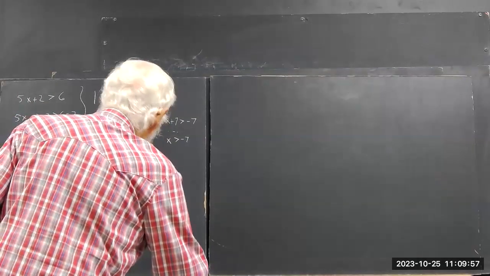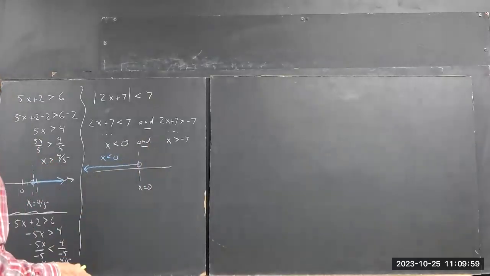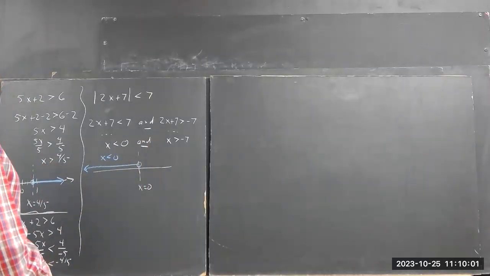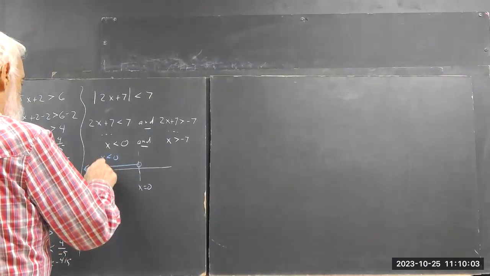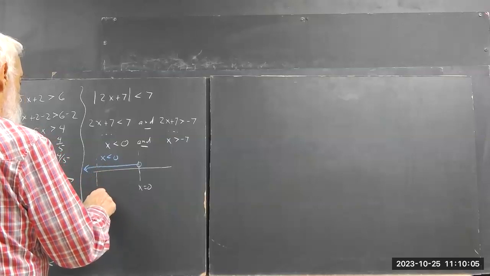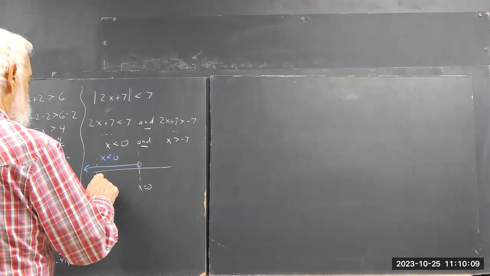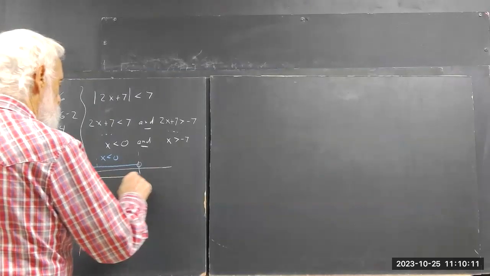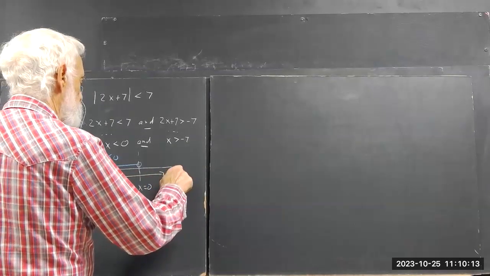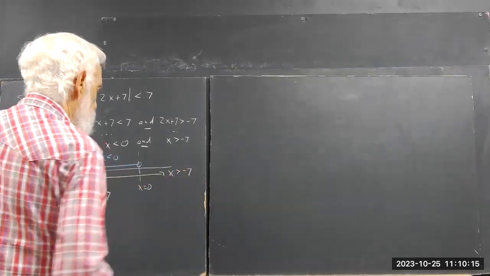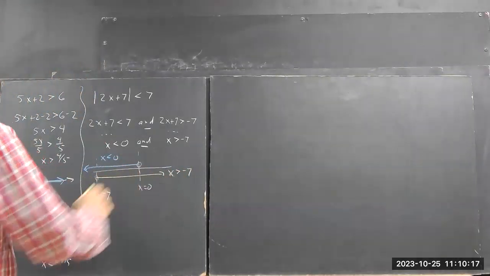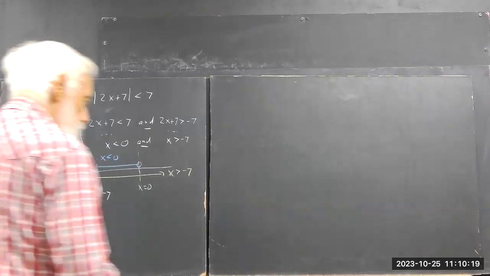But also, x has to be greater than -7. So let's just say that x equals -7 here. And here is an arrow representing x greater than -7.